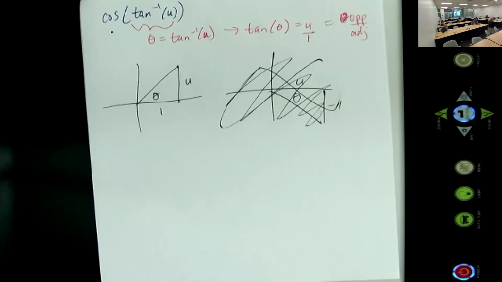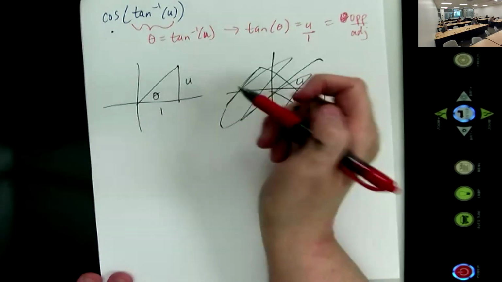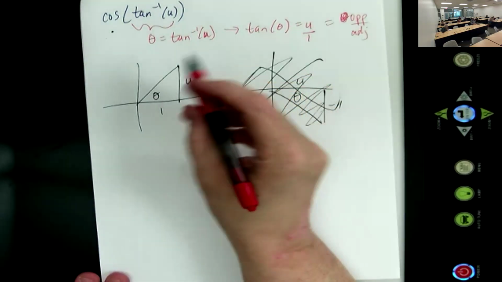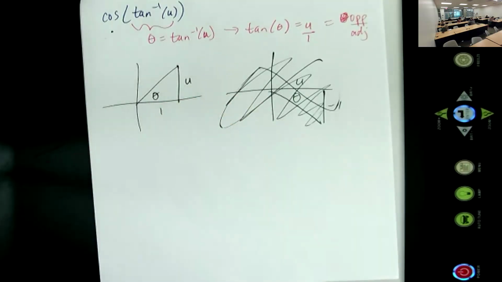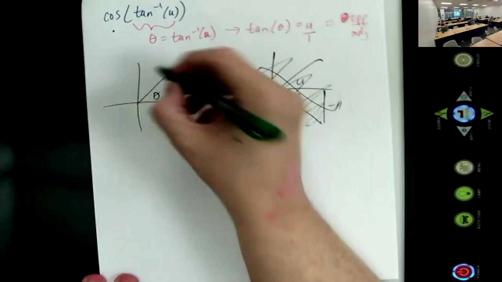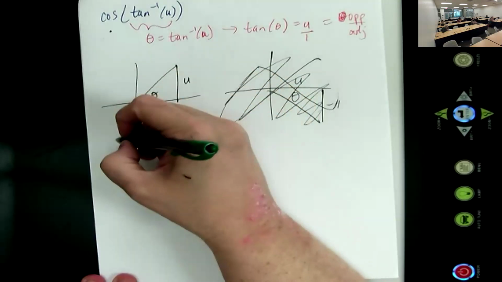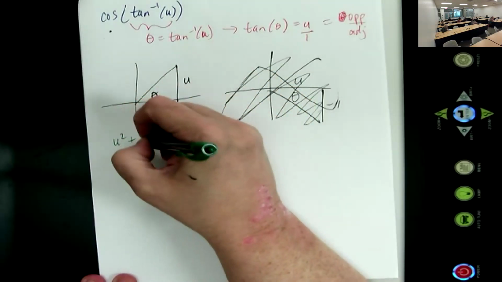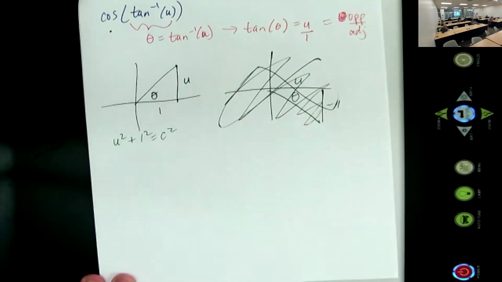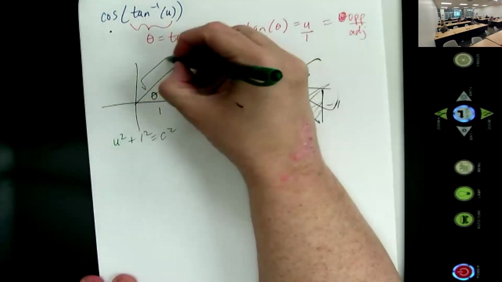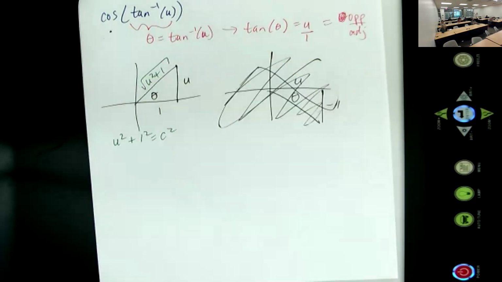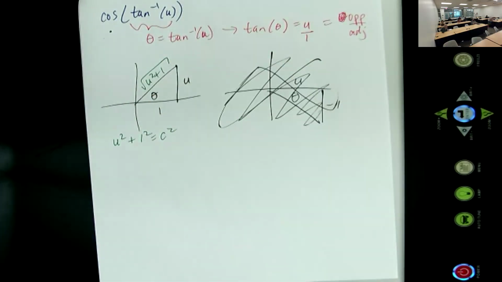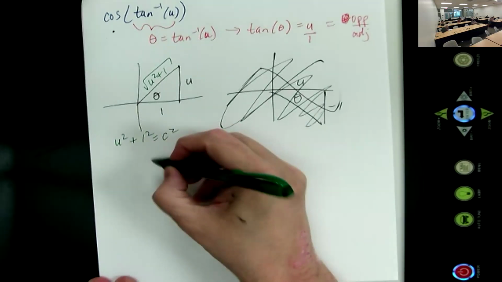So what does that make the hypotenuse? U squared plus 1 squared equals c squared. So c is the square root of u squared plus 1. And so we want cosine of that angle.